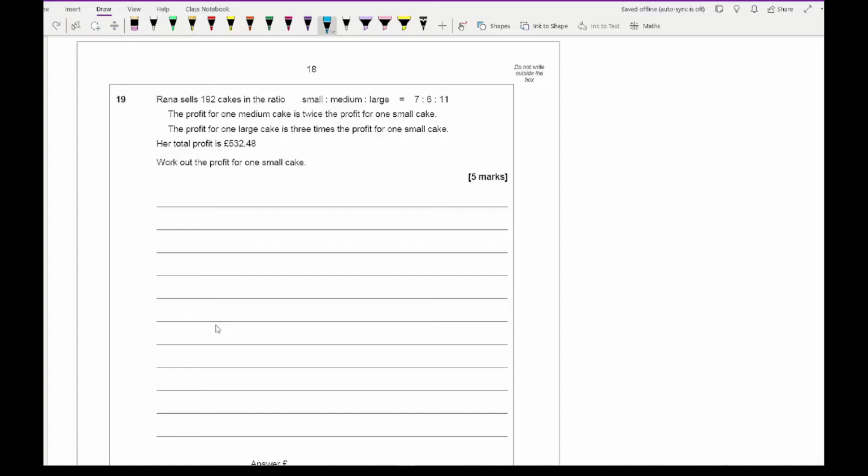Right then, so first thing we need to do is work out how many of each size cake she has. So work out the amount of each size. Now how do we do that? Well, we add the numbers in the ratio, so we've got 6 plus 7 plus 11, which gives us 24. Then we divide the total number of cakes, so 192 divided by 24 equals 8.